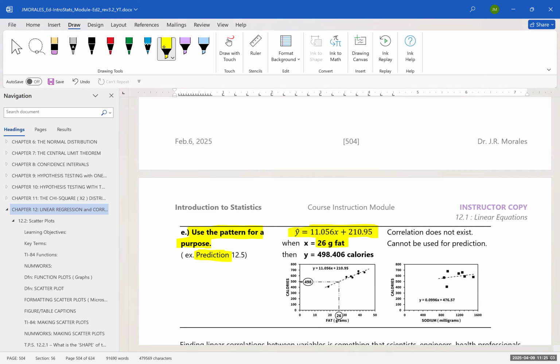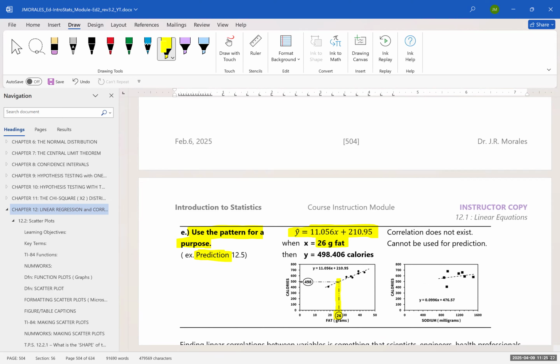Well, you'll notice we don't have a data point at 26. We don't have a burger that we originally sampled that had 26 grams of fat in it. So how many calories is that burger going to have?